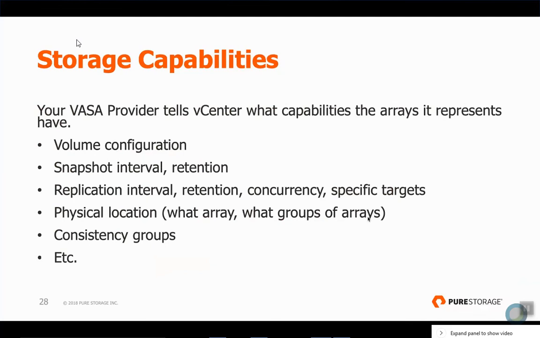All of that stuff gets put in that VASA provider, and that's presented up to vSphere, that this array has these capabilities. I mean, it could be anything, right? It could be orange, because that may make sense in that array's world. I don't know. But it is completely dependent on the storage provider.